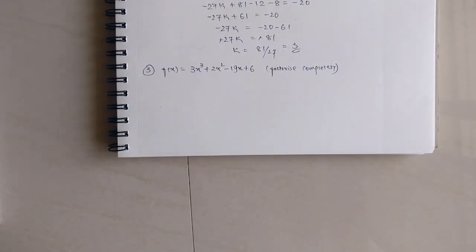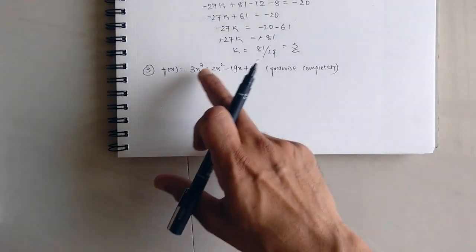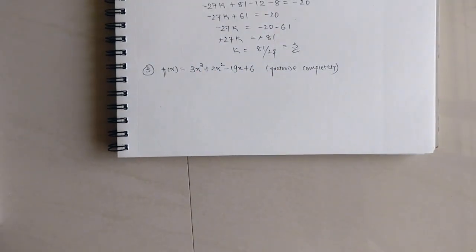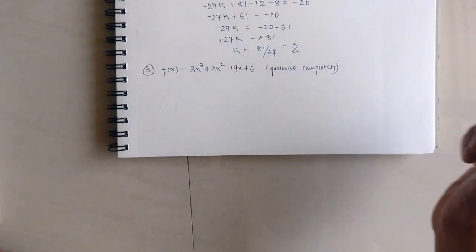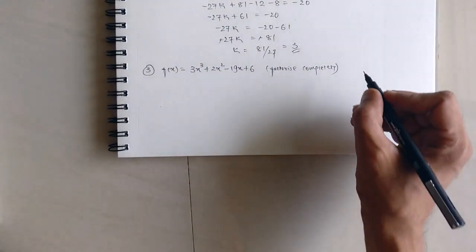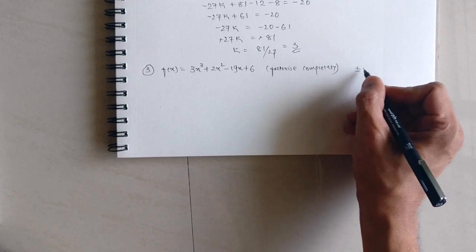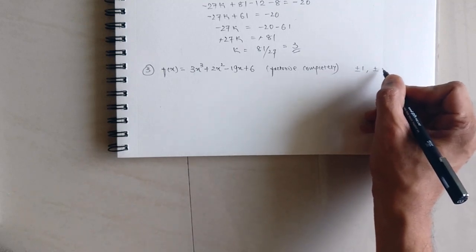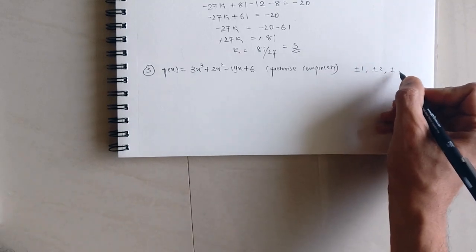So the question arises, which values should you put in the place of x so that the answer of this polynomial becomes 0? Please understand that there are some values which you must try, that is plus minus 1, plus minus 2 and plus minus 3.